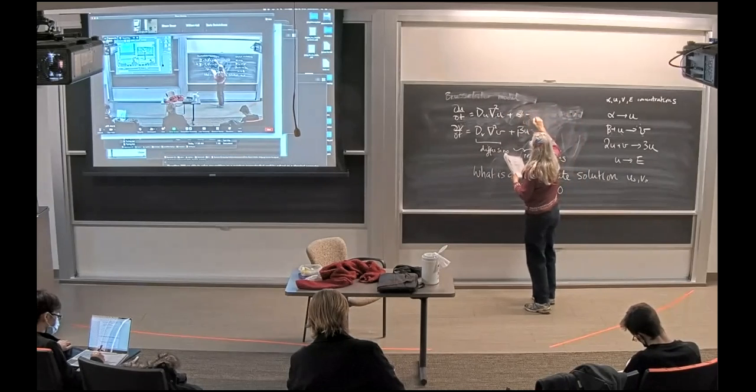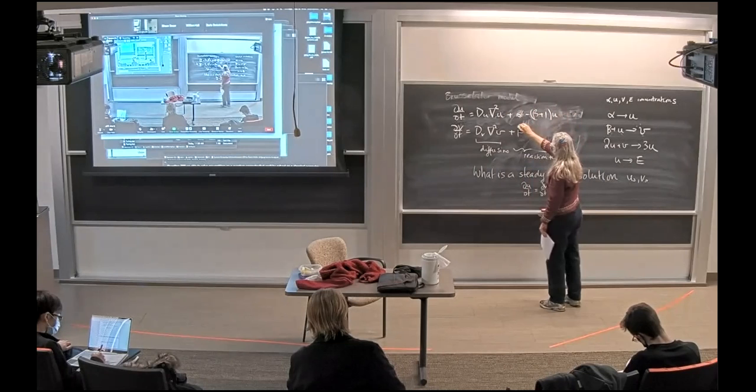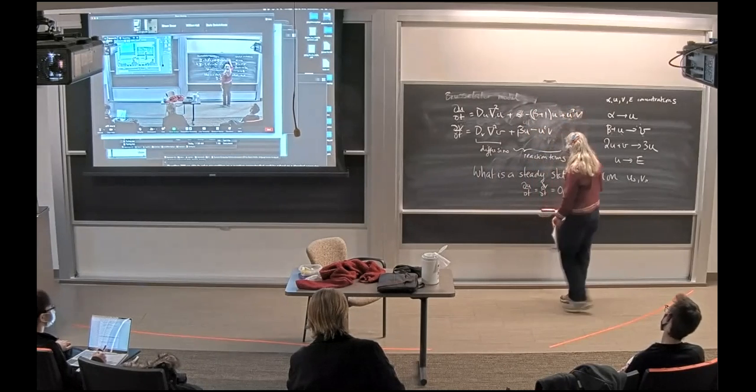What is it? It's alpha minus beta plus 1 U, and this is minus U squared V plus U squared.